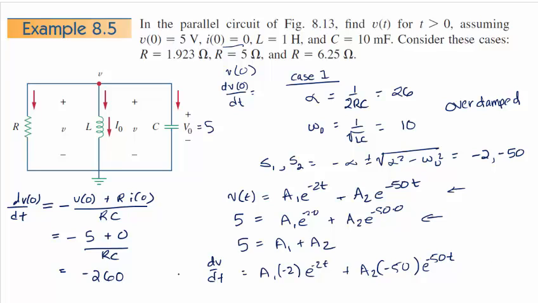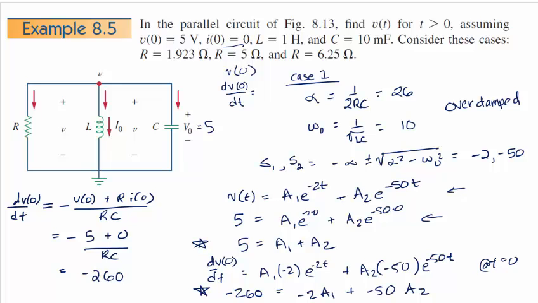We're evaluating the derivative at time 0, so these exponential functions will go away. We just found that to be minus 260. So minus 260 equals minus 2A1 plus minus 50A2. We now have two equations and two unknowns, so you can solve for A1 and A2.